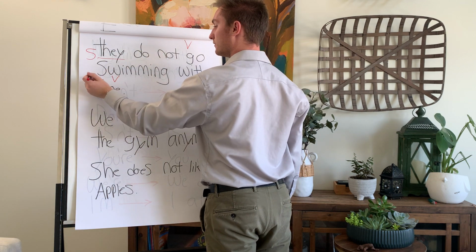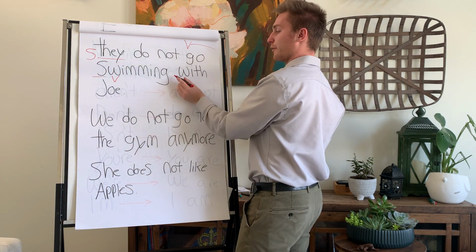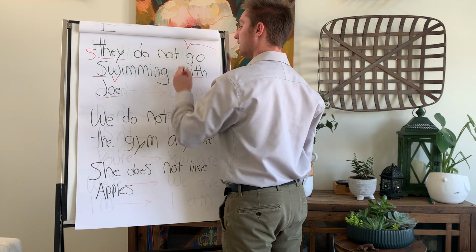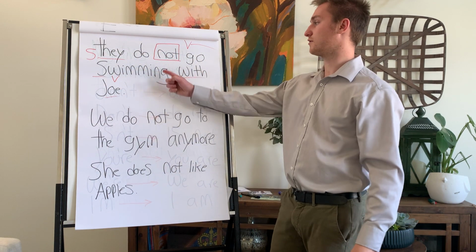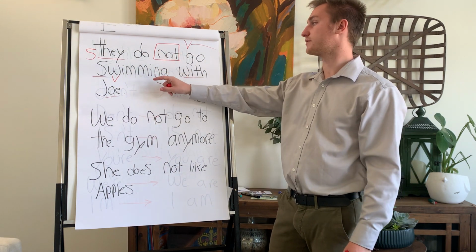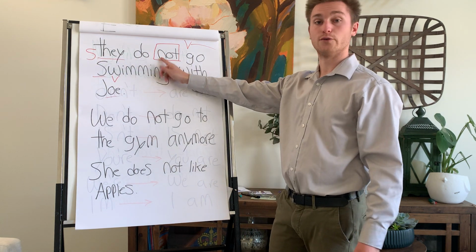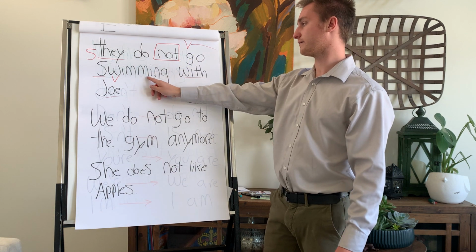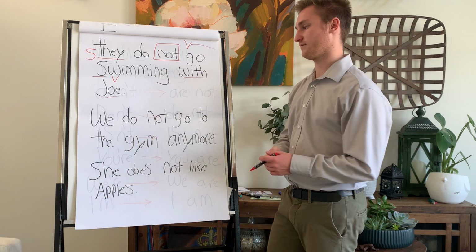Go swimming. These are our verbs. And then the rest of the sentence, with Joe. Now notice, of course, we have not. So subject, they, not. The verb, go swimming. And then the rest of the sentence.